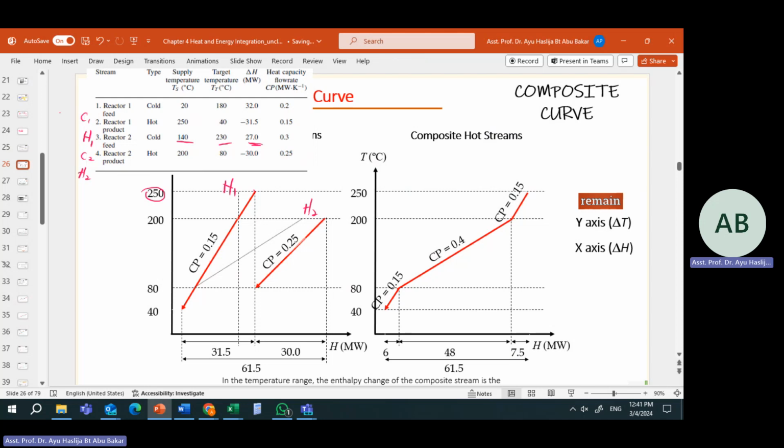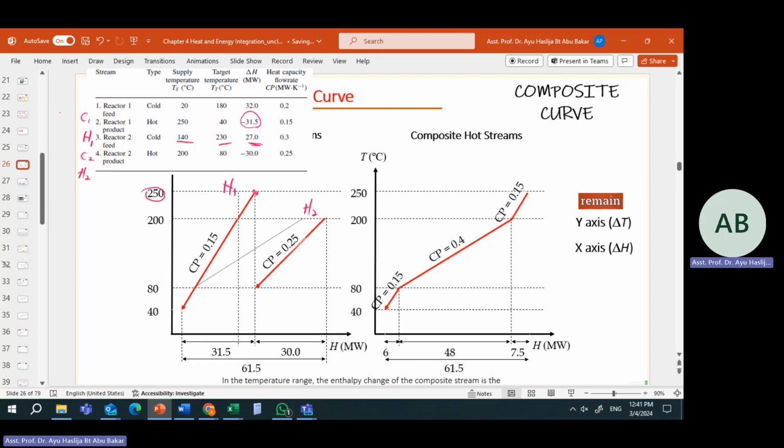It is delta H. The distance between T supply and T target should be 31.5.